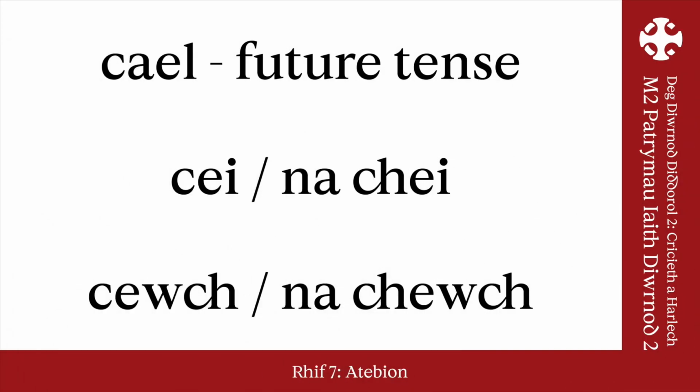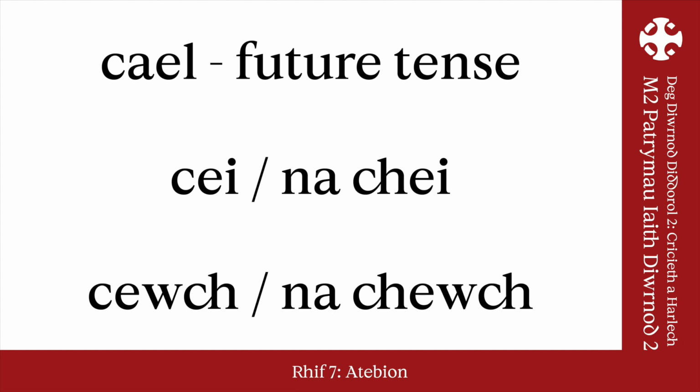If the question uses gai, then you're actually using the irregular verb cael in the future tense. Can I have? Then you use cei or na chei, or cewch or na chewch, depending on if you are using ti or chi in the conversation. For example, gai fynd adre rwan?